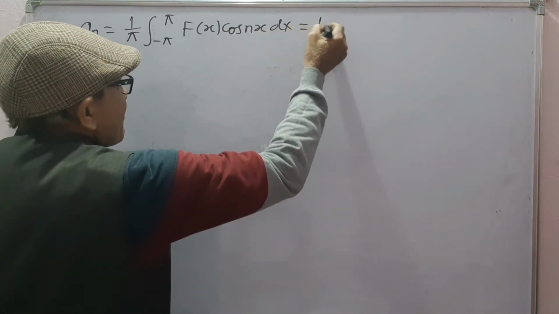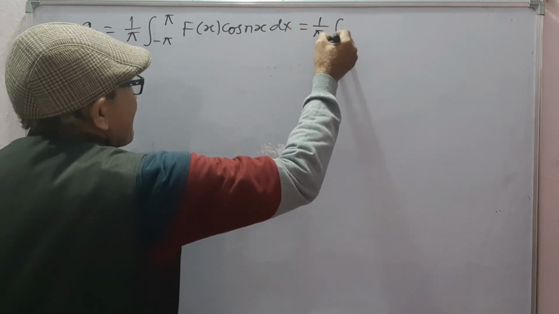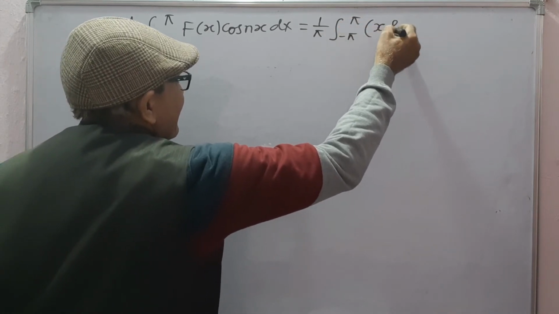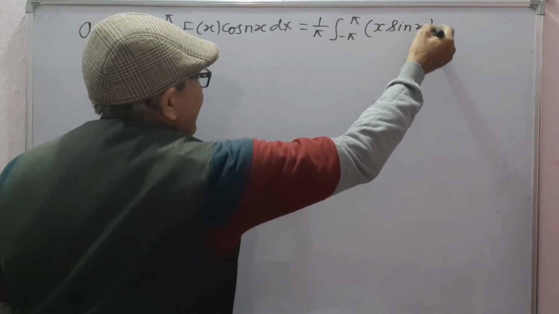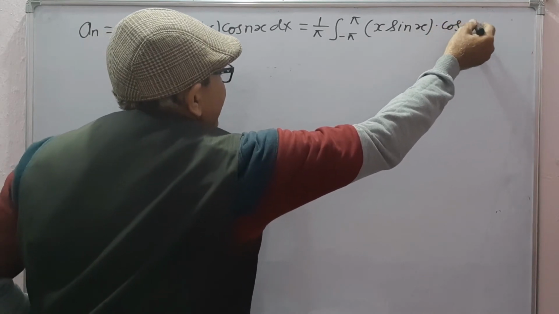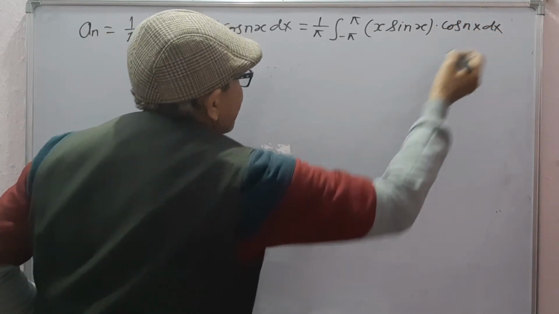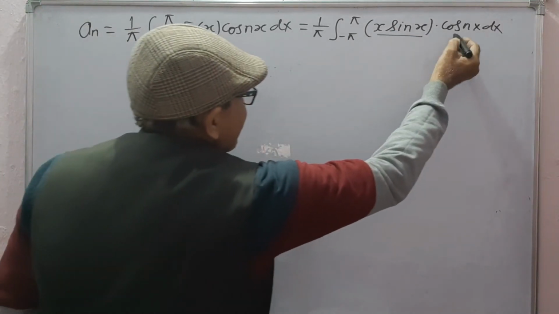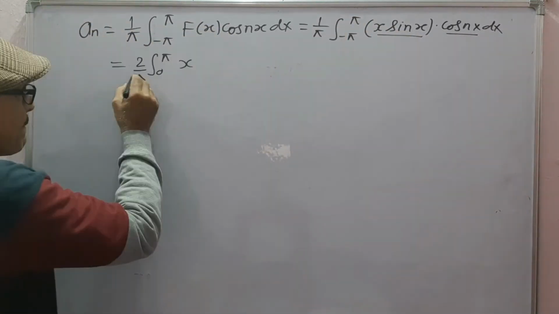This is 1 upon pi integral from minus pi to pi, fx is x sin x into cos nx dx. Again this is even, this is even.